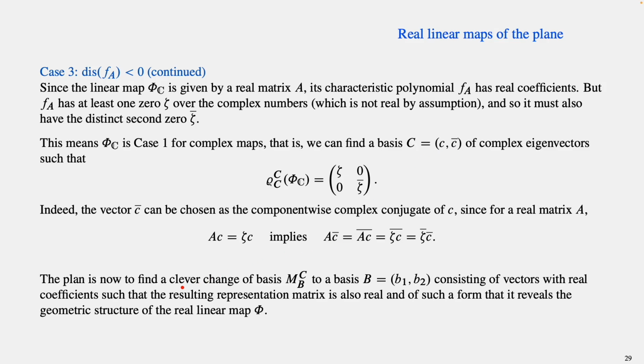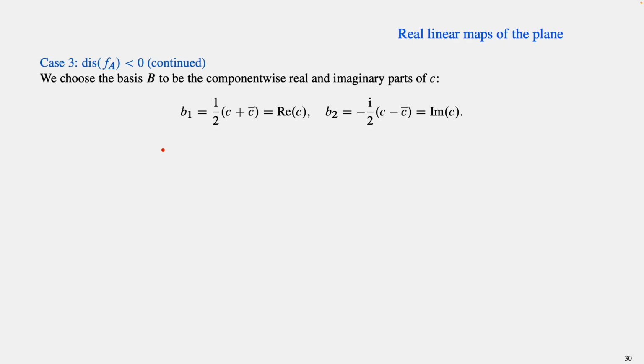Our plan is now to find a clever change of basis from the complex basis C to a basis B of vectors that only have real coefficients. So we want to do a change of basis from a complex to a real basis in such a way that the resulting representation matrix of phi is also real, and that it is of a certain form that reveals its geometric structure for the original real linear map phi. And lo and behold, by divine intuition, we choose this as our real basis.